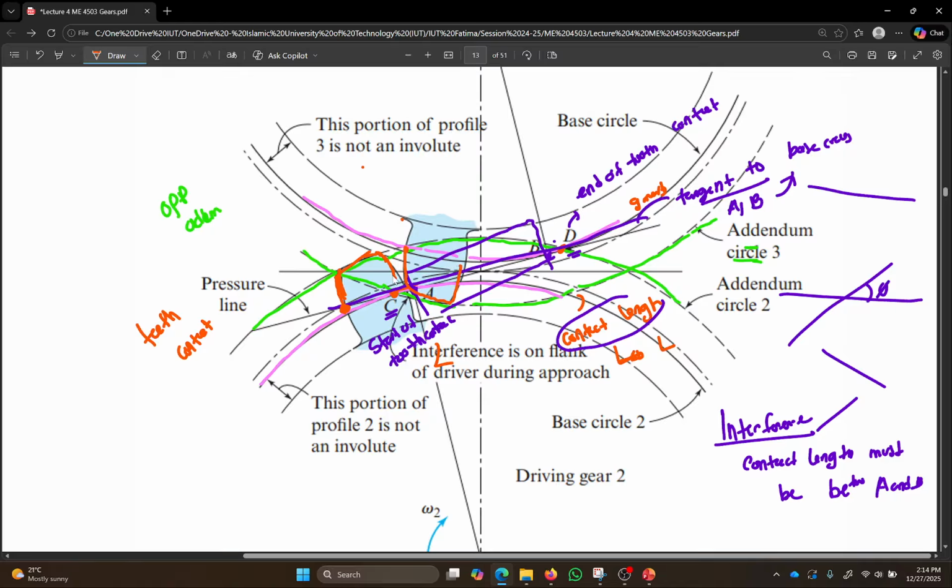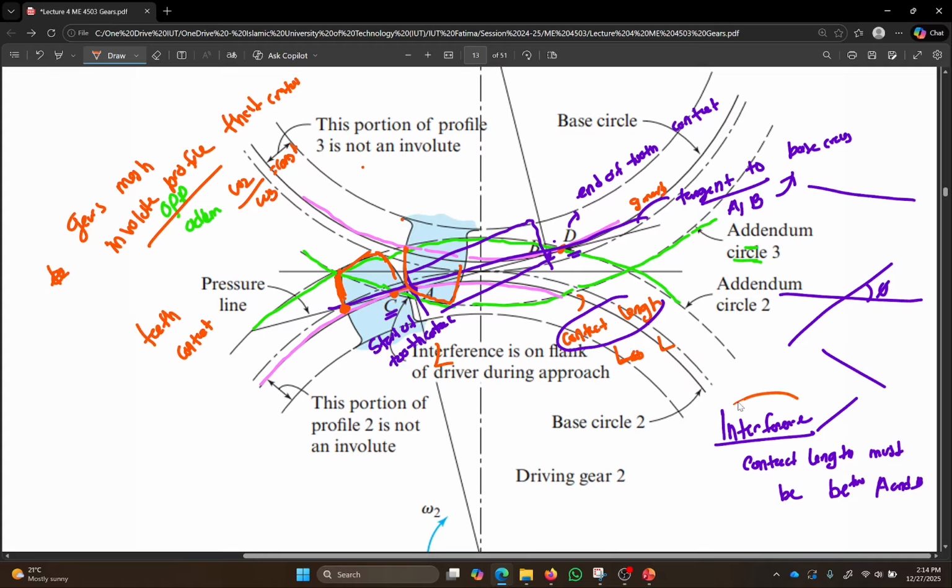Now, whenever gears mesh, their involute profiles are the ones that contact. Okay, because involute profiles are the conjugate surface, and involute profiles ensure that omega 2 by omega 3 is equal to a constant. They are the ones who are doing this.